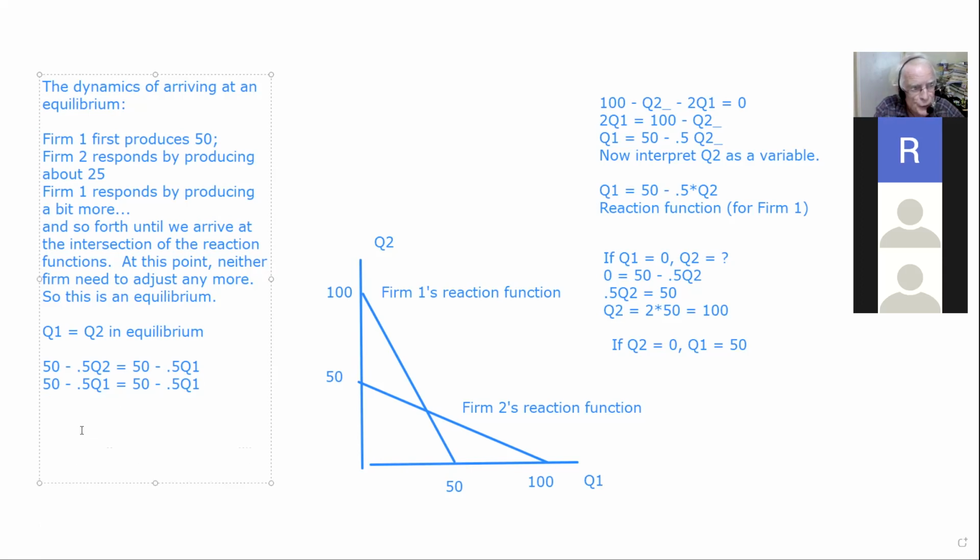I may have a mistake in my math, but the solution is 33.3 for both firms.